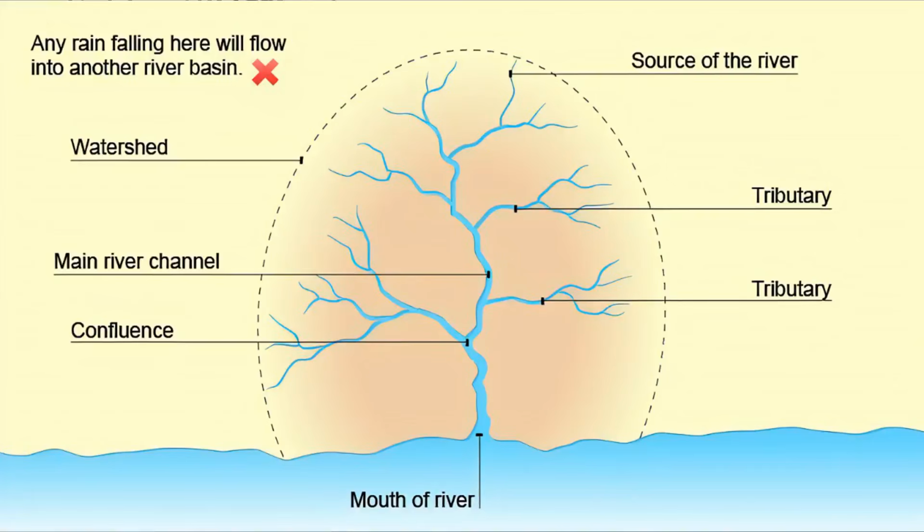So this is a point whereby these two different water bodies, from a main river and from a tributary, meet. It's like a joining of a tributary.